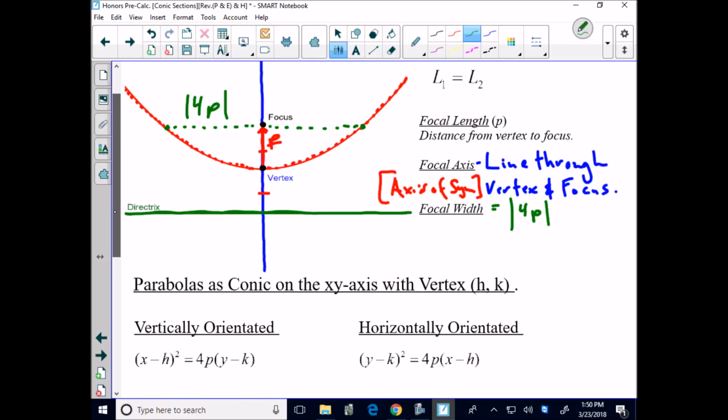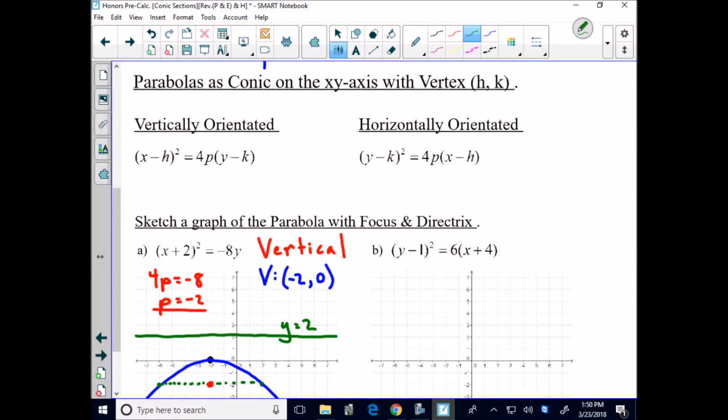We said that a parabola as a conic section on the xy axis with vertex (h, k) can be defined vertically with the equation (x − h)² = 4p(y − k), right? And horizontally as (y − k)² = 4p(x − h).